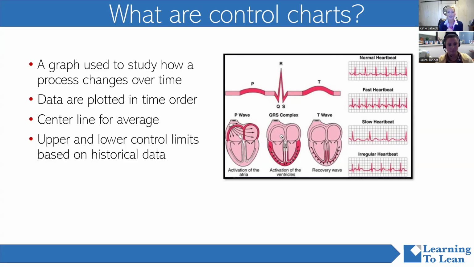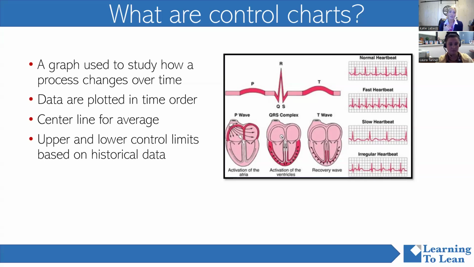We don't necessarily have historical data for ourselves, but we do have that data from a historical perspective based on those criteria. So we know that we want to see the gentle ebb and flow, and that's what the doctor's looking for. What he is also looking for is changes in that data. As we look on the screen here, we see the normal heartbeat.